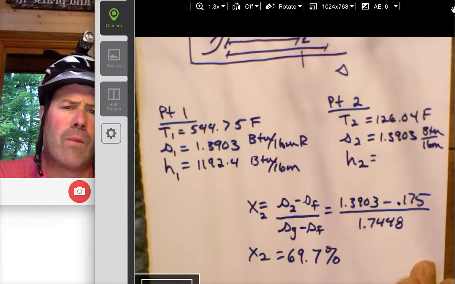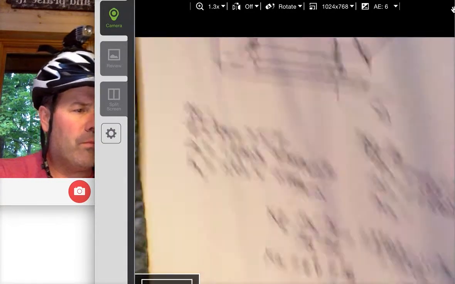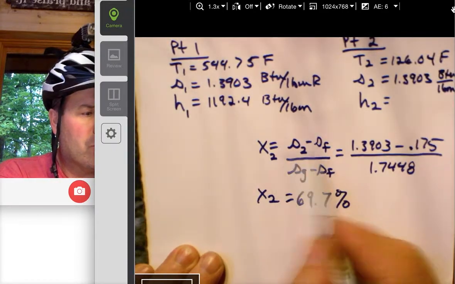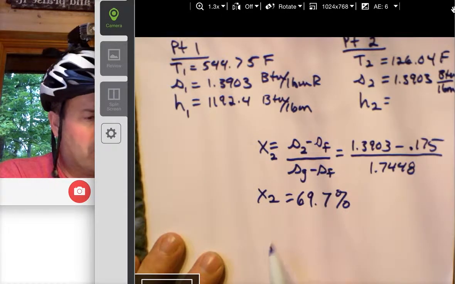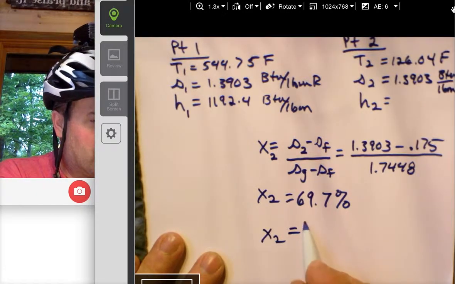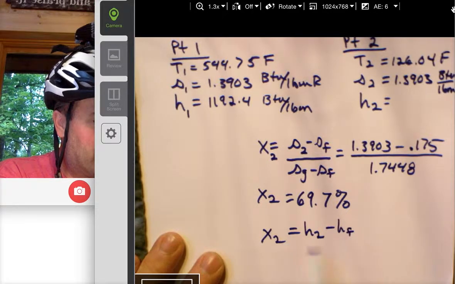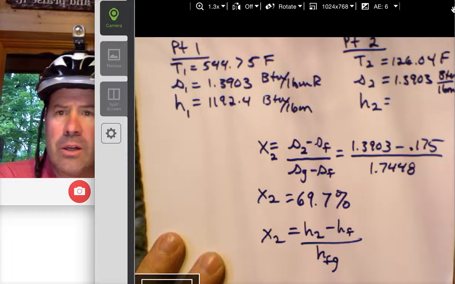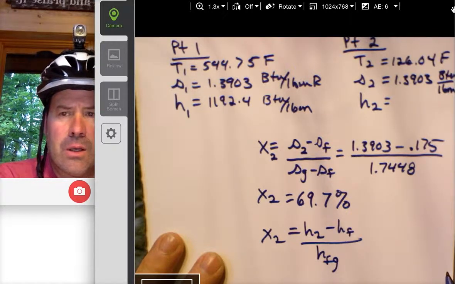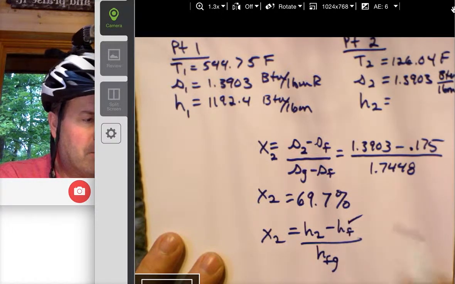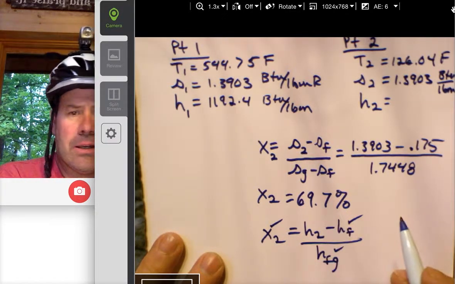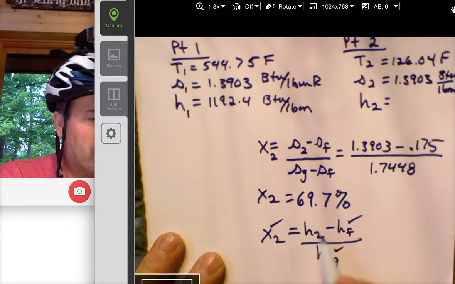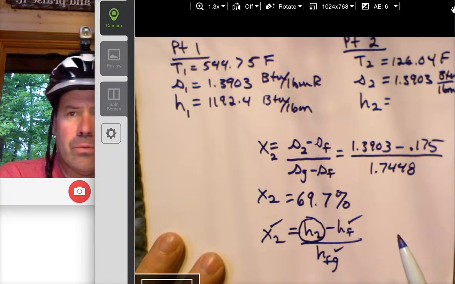Well, I would then propose to you that if this equation is true for S, it's also true for H. So X2 equals H2 minus HF over HG minus HF, which we know in our table is HFG. And from the table, I can get HF, I can get HFG, and I can get X2. Alrighty, I know X2. The only unknown is H2.